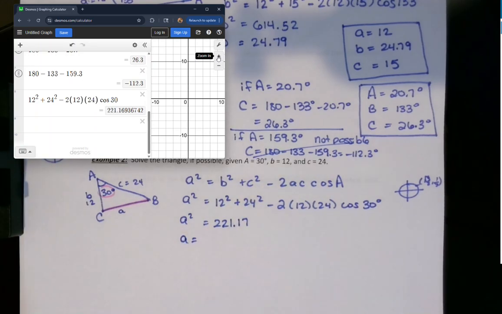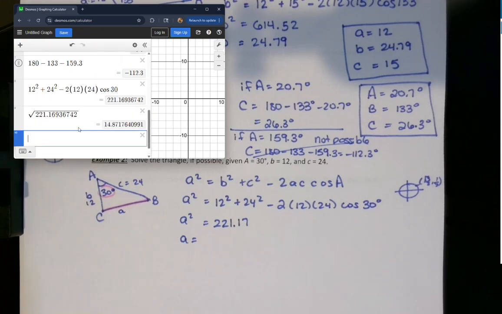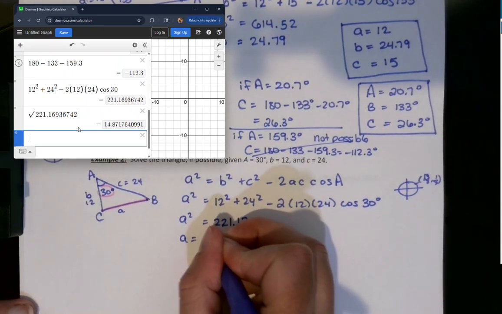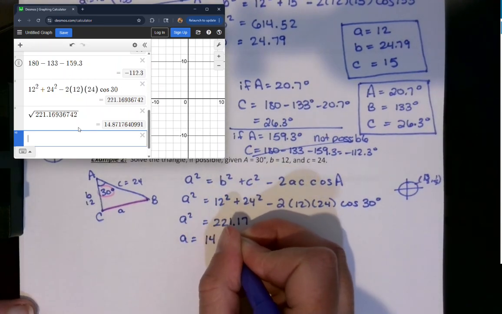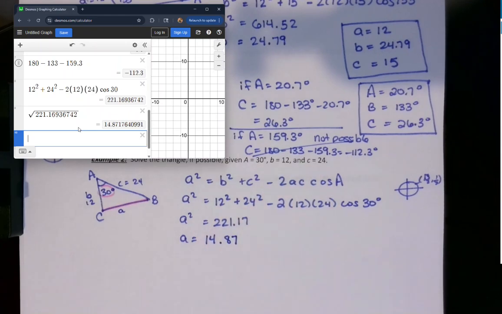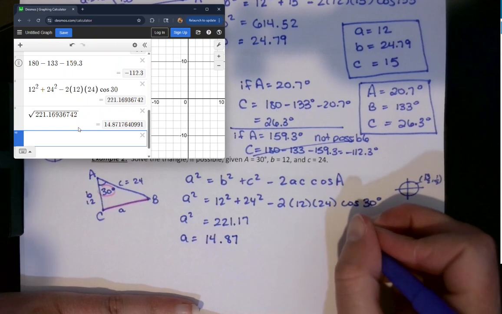And if I take the square root of this value, let me copy that number, the square root of 221.17 comes out as 14.87.